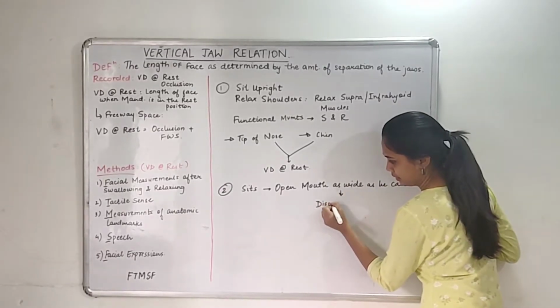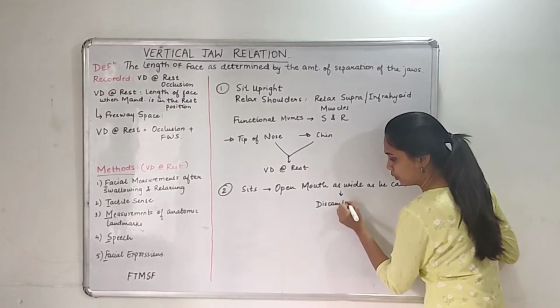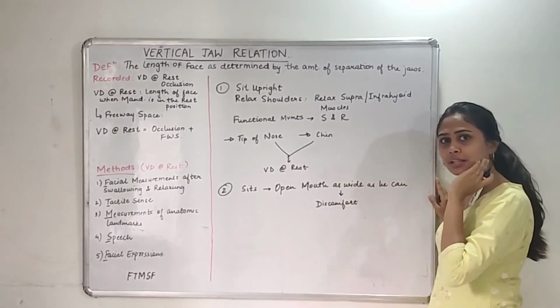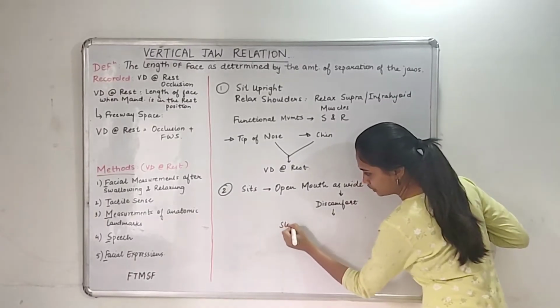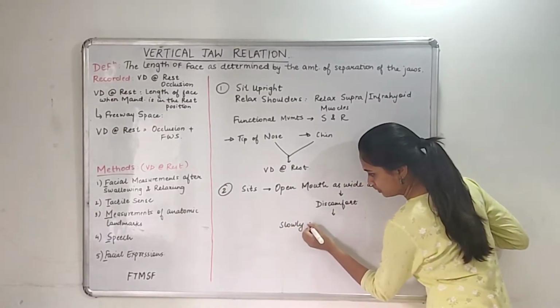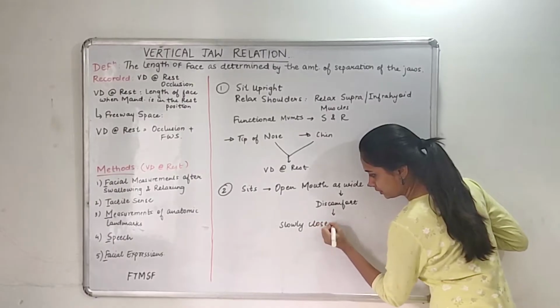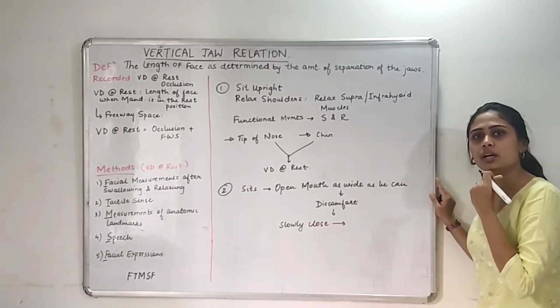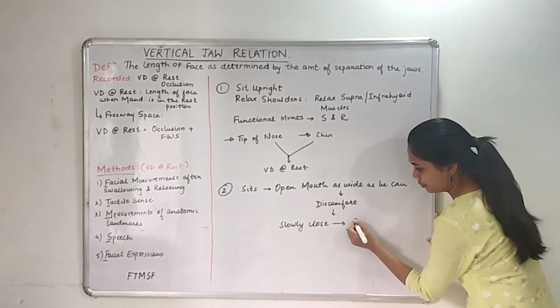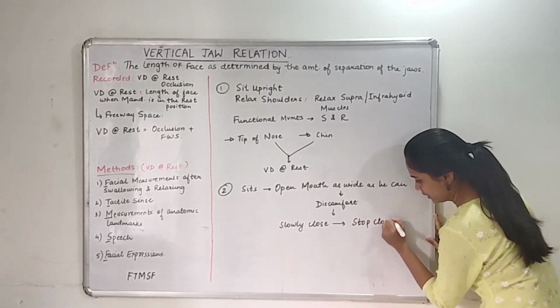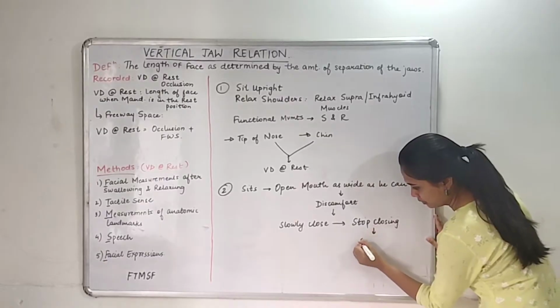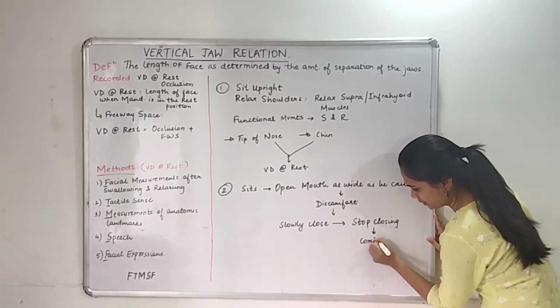When the patient says, okay, I am feeling a lot of pain or my muscles are stretched, we ask the patient to slowly close the mouth. The mandible will come towards the maxilla, and we ask the patient to stop closing when he feels comfortable.